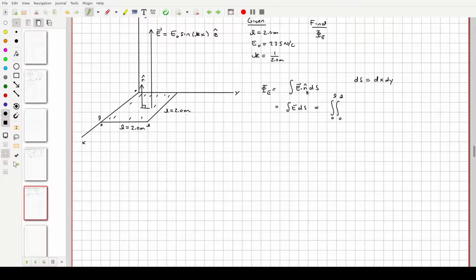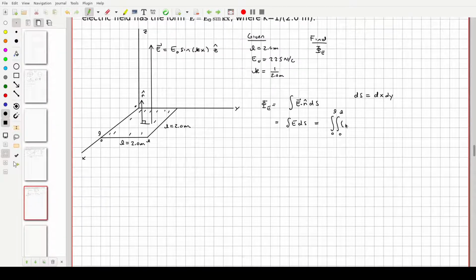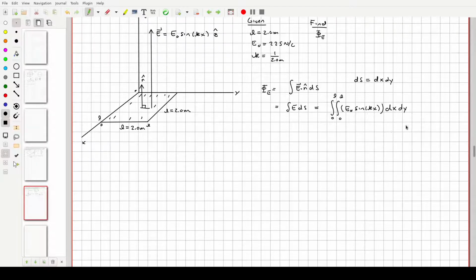Now, our electric field looks like E naught sine of k times x. We're integrating this with respect to x and also with respect to y. Now, if you look at my mathematical function here, E naught is a constant. It comes right out.